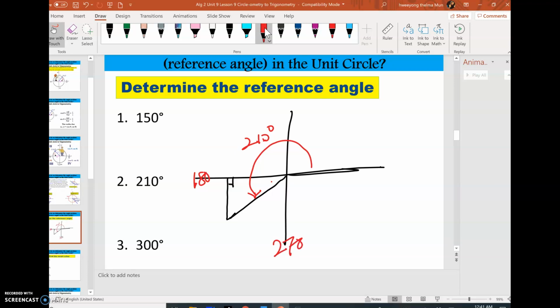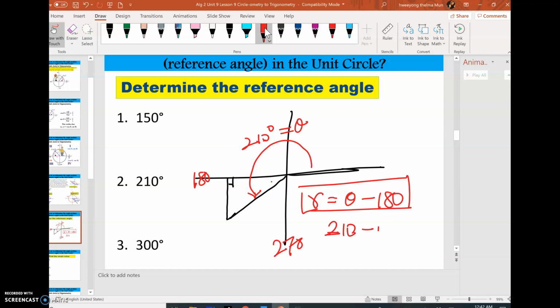To figure out this reference angle in the third quadrant, the formula basically would be theta, meaning the angle that's given, minus 180. So this will be the formula for the third quadrant. So you do 210 minus 180, which gives you 30. So this is also going to be 30 degrees. That's going to be the reference angle.